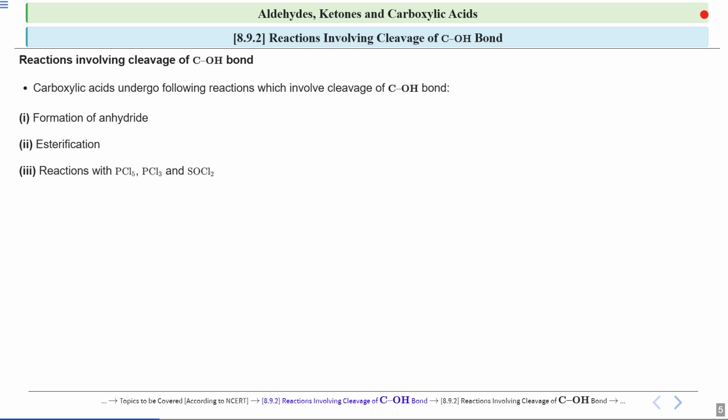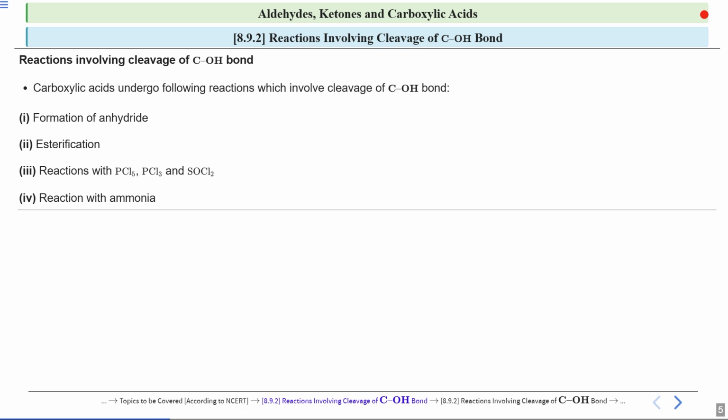Next, we will see the reactions with phosphorus pentachloride, which is PCl5, phosphorus trichloride, which is PCl3, and thionyl chloride, which is SOCl2. These reagents are used to convert carboxylic acids into acyl chlorides, which are highly reactive.